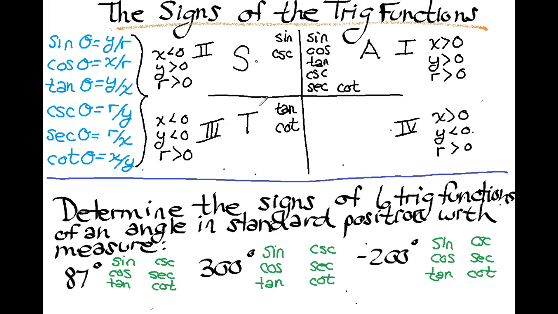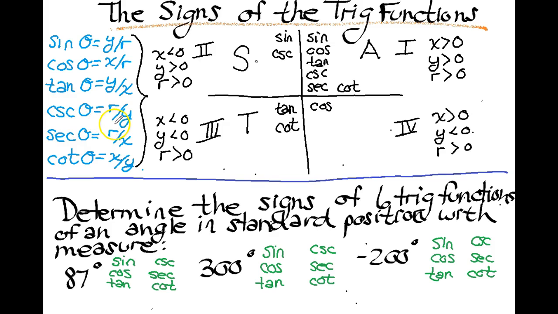So let's move on to quadrant 4. In quadrant 4, x is positive, y is negative, and r is positive as well. So let's review sine, cosine, tangent, cosecant, secant, and cotangent. Sine is going to be a negative over a positive, so that's negative. Cosine is a positive over a positive, so in this quadrant, cosine is a positive function. Tangent is a negative over a positive, that's negative.